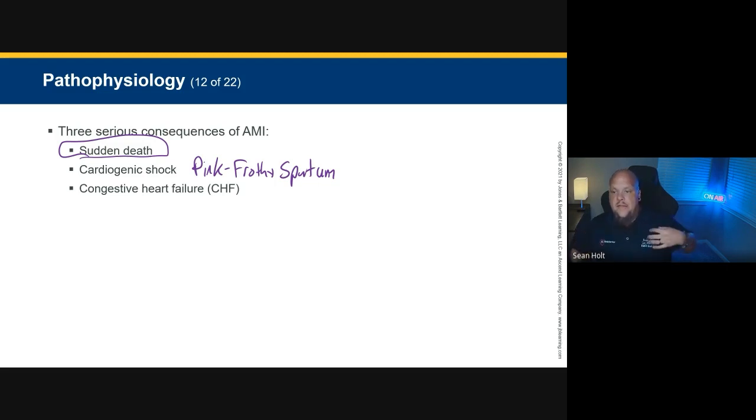So if we have left-sided heart failure and that starts to fill up our lungs with fluid because it's building up pulmonary hypertension, or too much pressure in the pulmonary circuit, it's going to start to spill plasma and stuff into the lungs, and that can build up and build up and build up until it sounds like the patient is drowning in their own pulmonary edema.